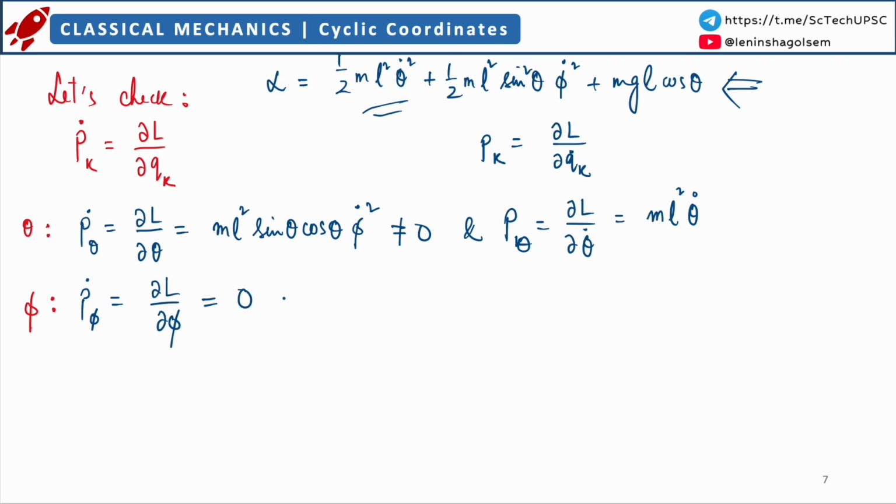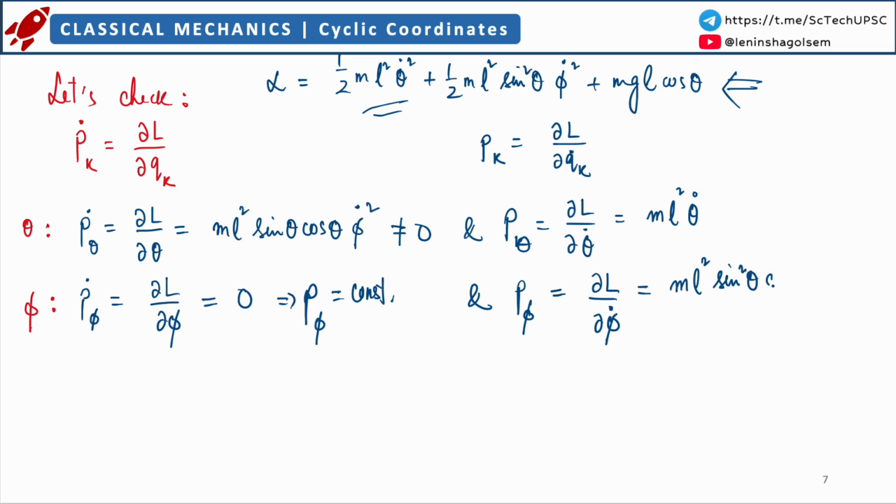This implies p phi is constant. From p phi equal to del L over del phi dot, we get m L square sine square theta phi dot.